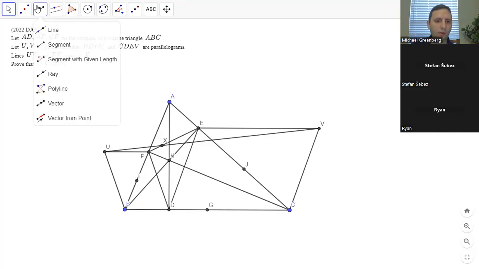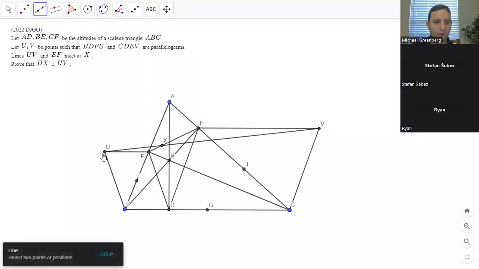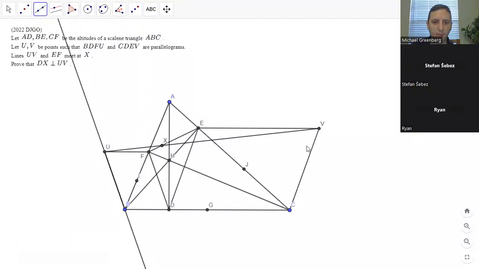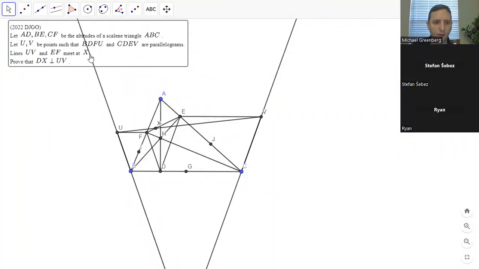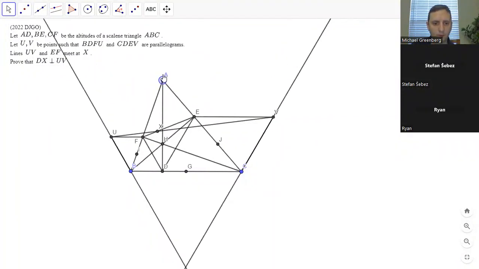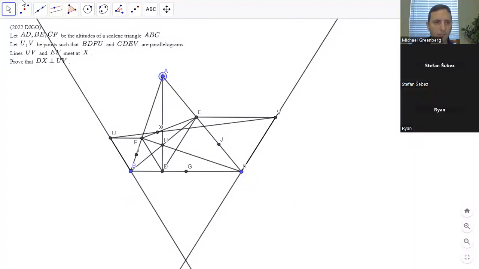So I wonder if we extend UB and CV to meet at a point. Basically, then that point should be collinear with D and X. So we have to prove that. Let's see.